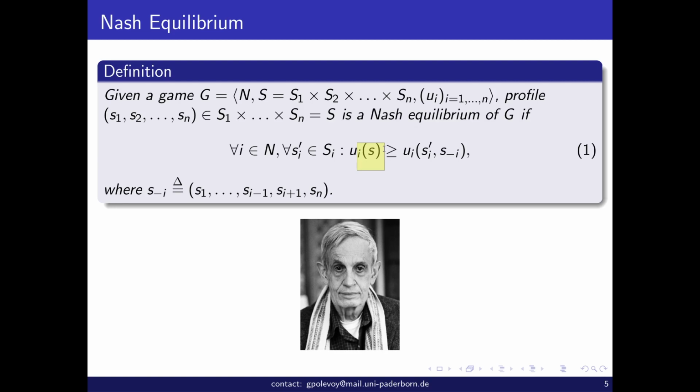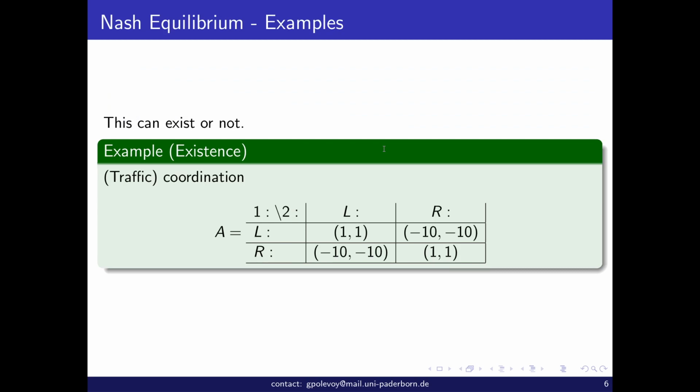So having defined what a Nash equilibrium is, let us look at the example. It can exist, it cannot exist sometimes, so both options exist. For example, a very simple example, this traffic coordination game. If both players play L, so both go on the left side of the road, they're both fine, 1-1.